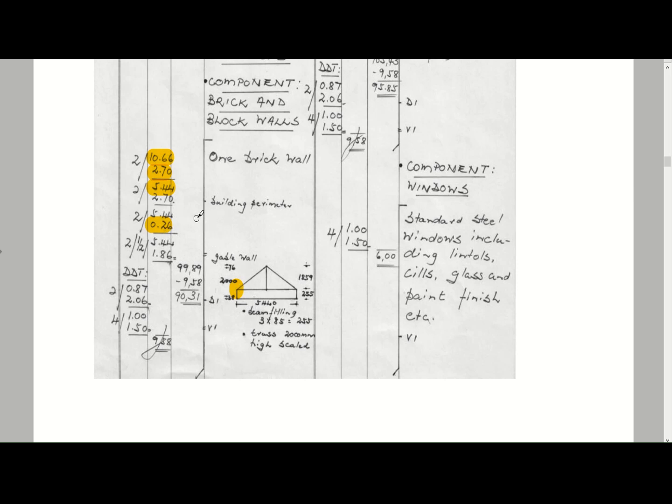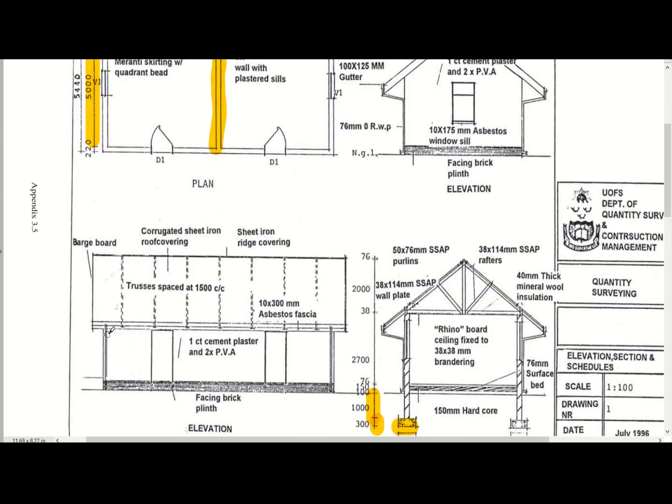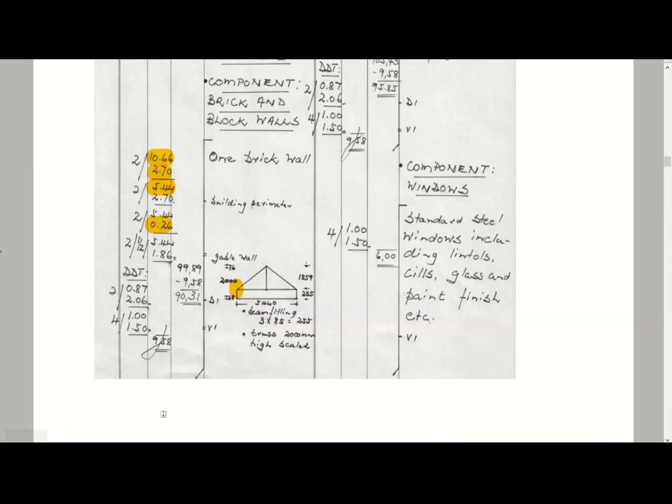Then that is the 0.26, and you will see on your drawing you only have two sides which have brick filling, which is this side over here. That is how they did that.